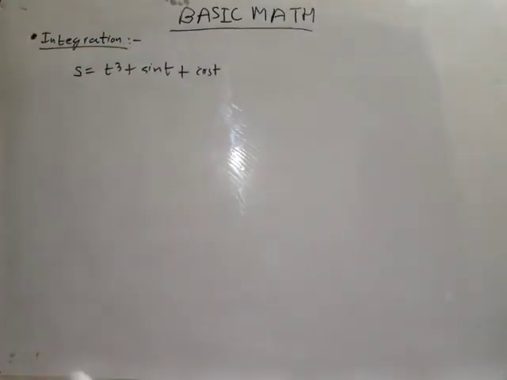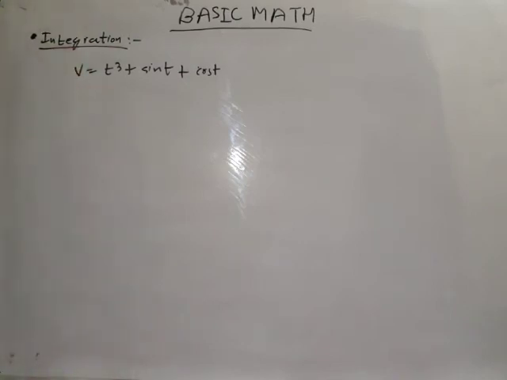Or let us take velocity v equal to this. Suppose you have been told to find the velocity at some point, or displacement at some point, or net displacement from t equal to 0 to 2 equal to something. So let us see how.